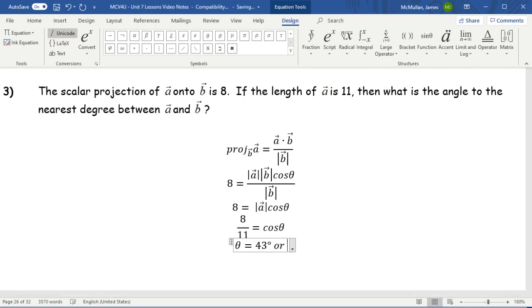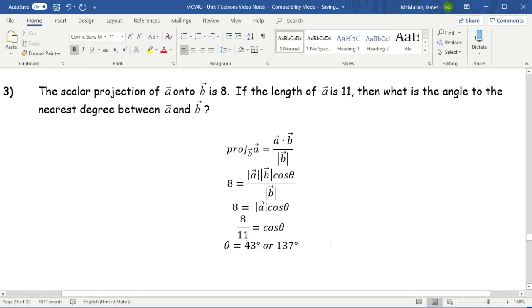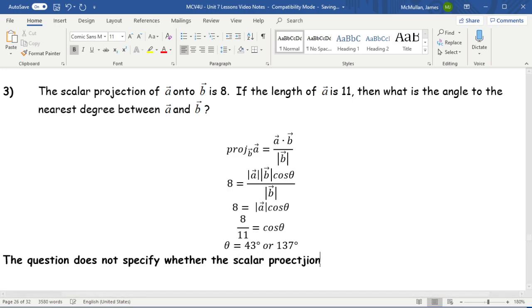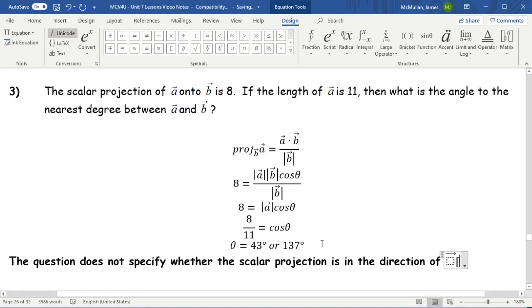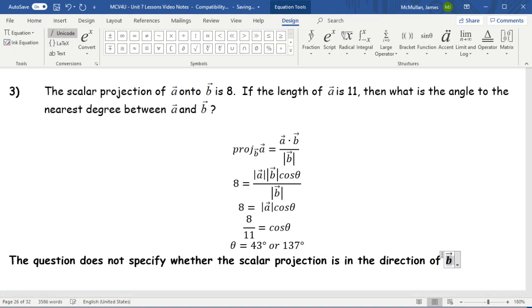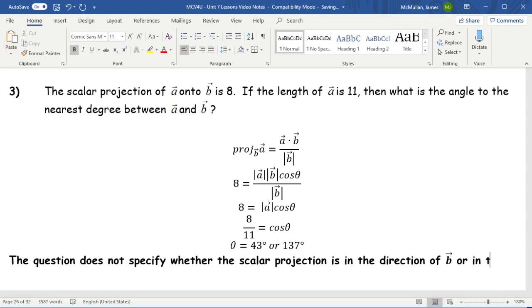Now, why am I giving two answers here? I'm going to say underneath this, the question does not specify whether the scalar projection is in the direction of B, or in the opposite direction.